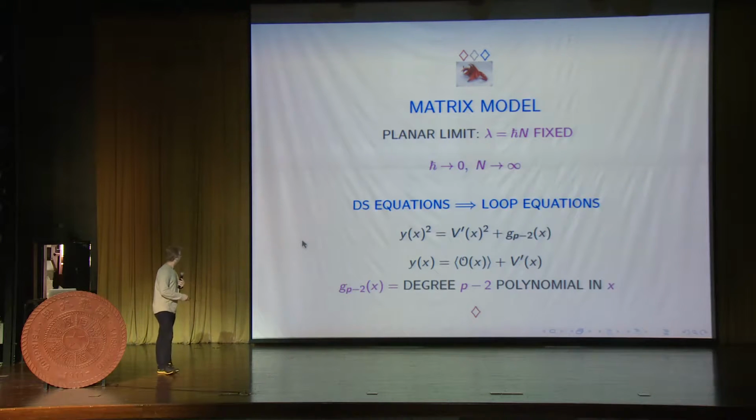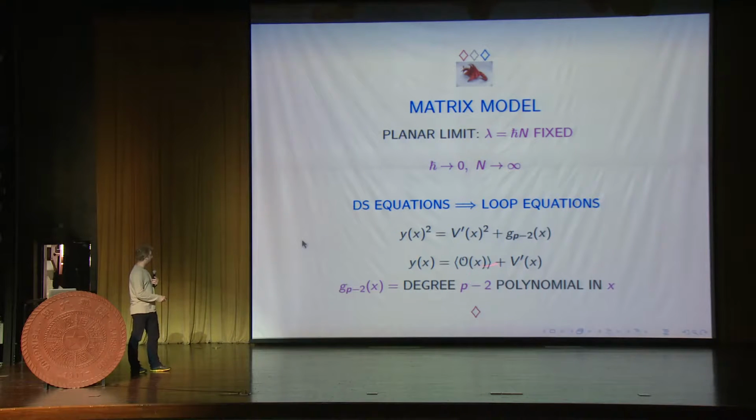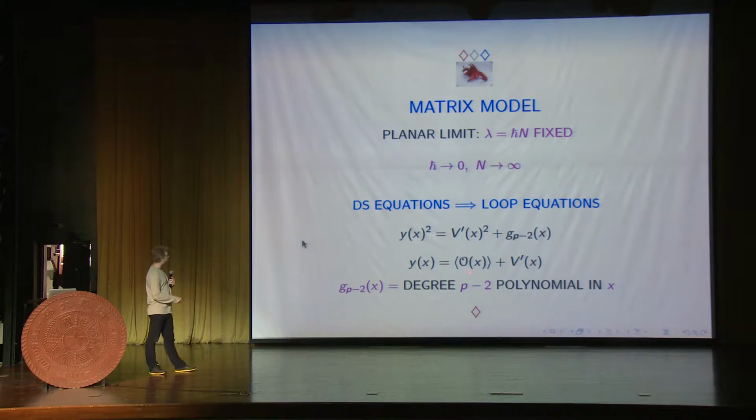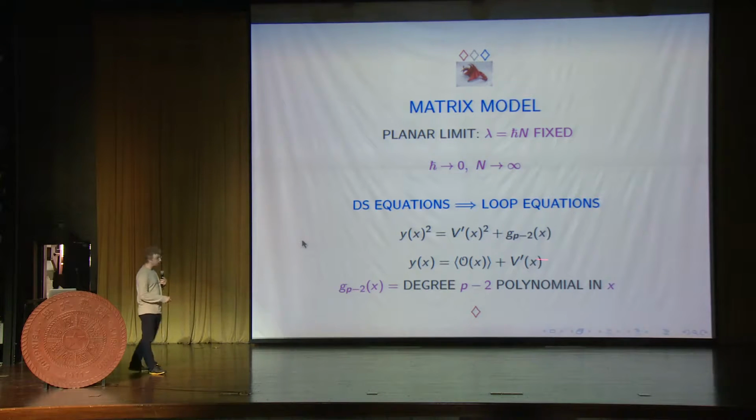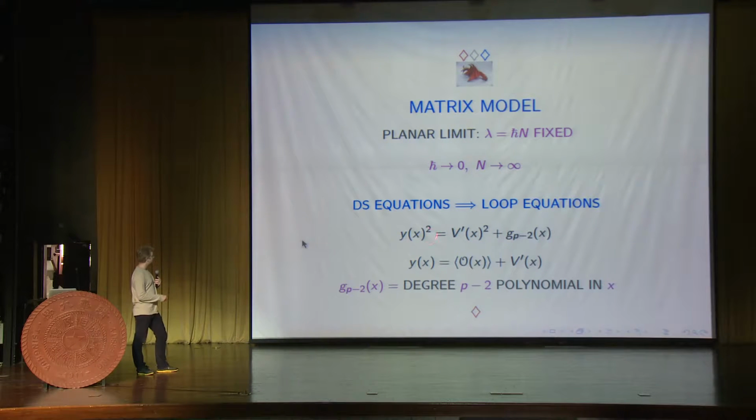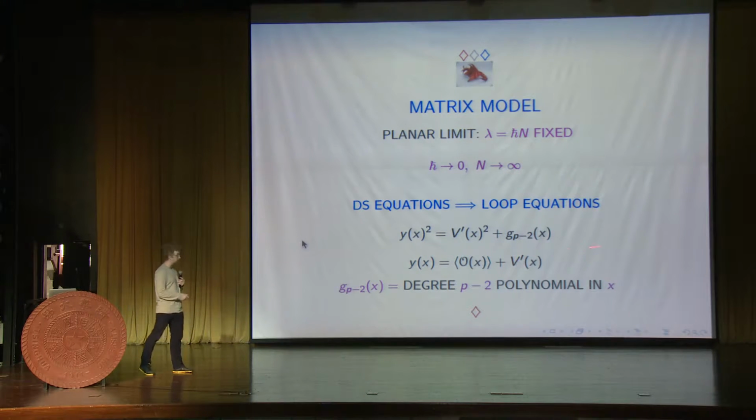But if you take the sum of the expectation value of this observable and the derivative of the potential and take a square, then the Dyson-Schwinger equations of the matrix model, also known as loop equations, state that the square of this function is actually a polynomial in x, with no singularities.